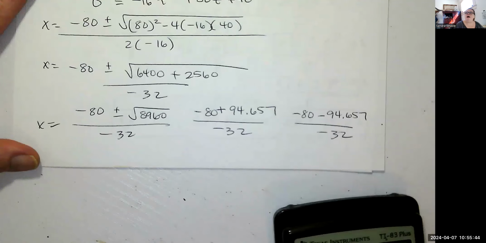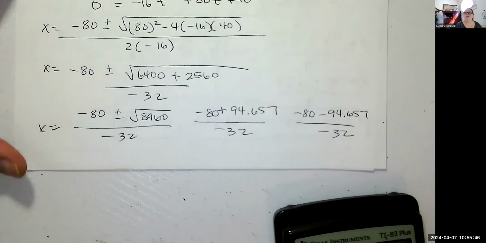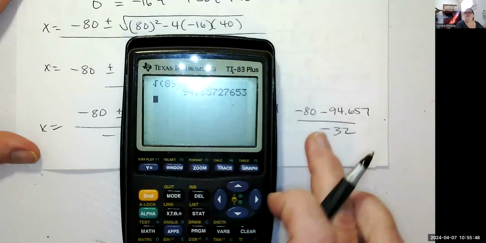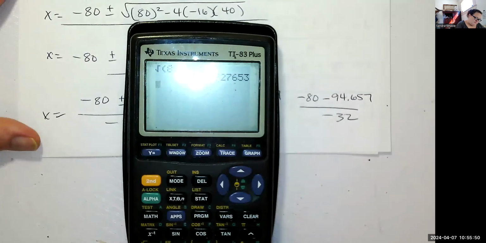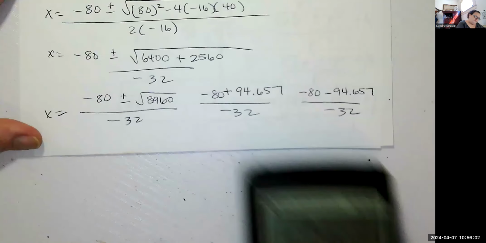We're looking for time. When does the ball hit the ground? So I want to put this in my calculator. Negative 80 minus 94.657 divided by negative 32 is 5.458.